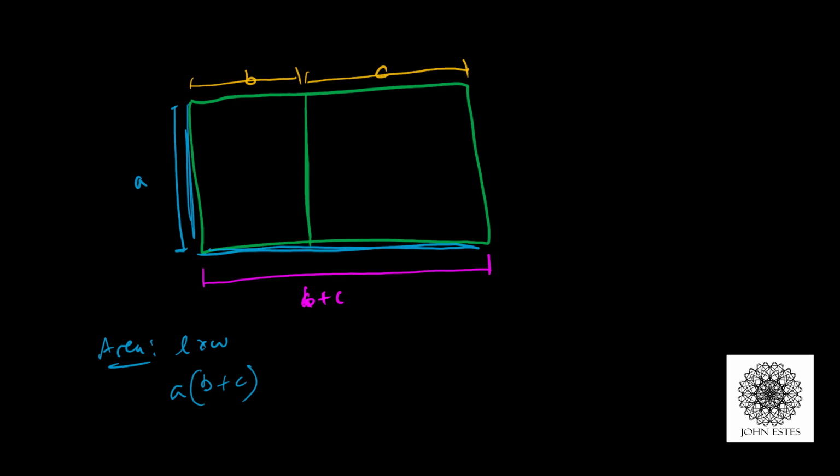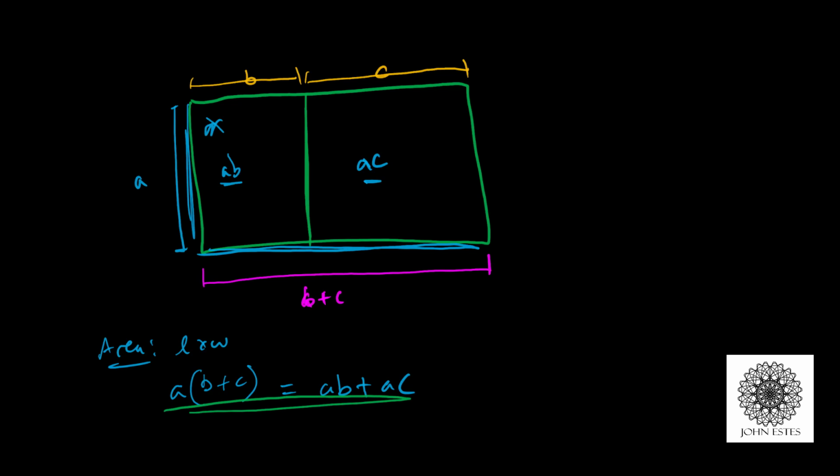Okay, but now if I think of the area also in terms of the smaller rectangles, well, the smaller rectangle right here has an area of a times b, and the larger rectangle has an area of a times c. So if I add those two areas together, the area of this large rectangle then is ab plus ac. And now look what I have.